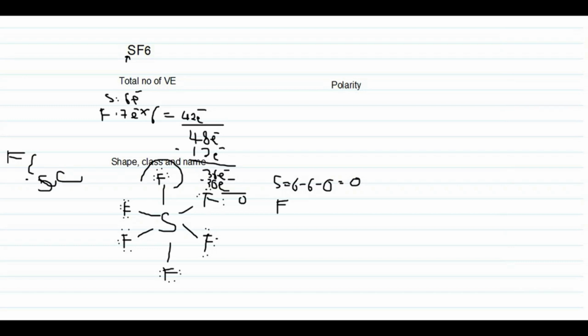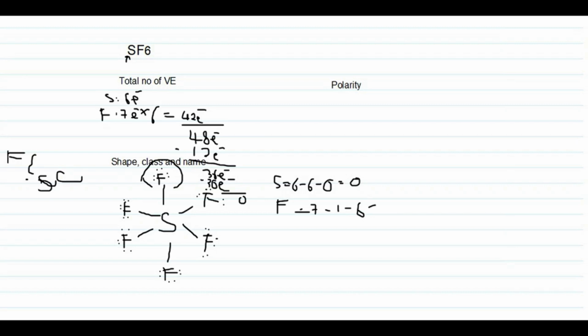Okay, so fluorine has 7 valence electrons, minus 1 bonding pair, minus lone pair electrons. So we need to count the lone pair electrons one by one. 1, 2, 3, 4, 5, 6. So minus 6.